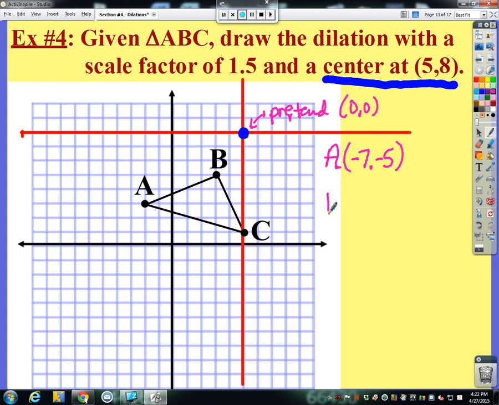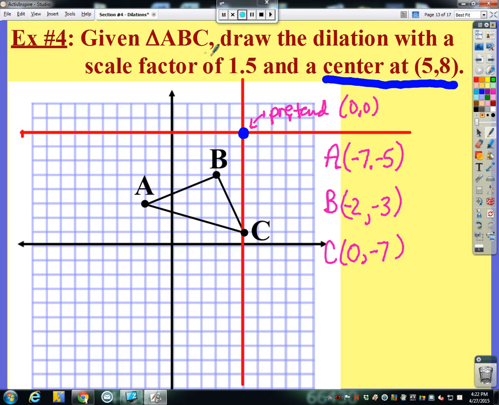Okay? So let me go ahead and write what the pretend B and C would be. B pretending would be (-2, -3). And C would be 1, 2, 3, 4, 5, 6, 7. So really we move nothing left or right, but we move down 7.